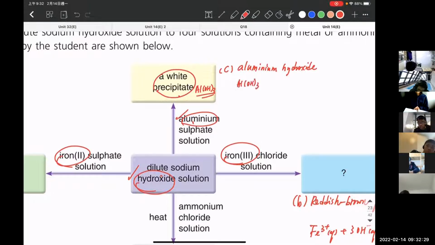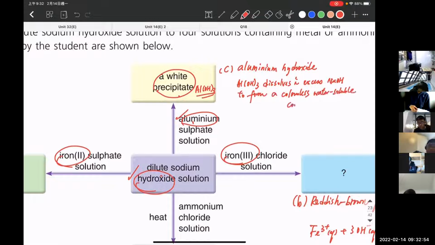Aluminium hydroxide will dissolve in excess NaOH to form a colorless water soluble complex salt.